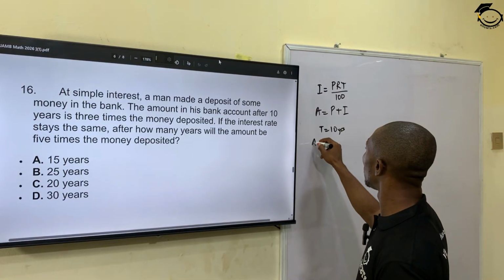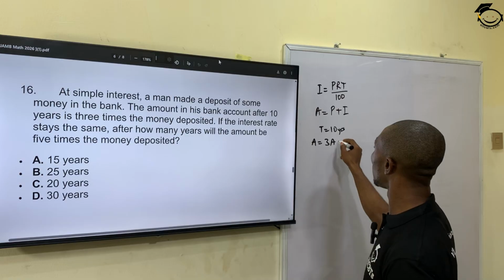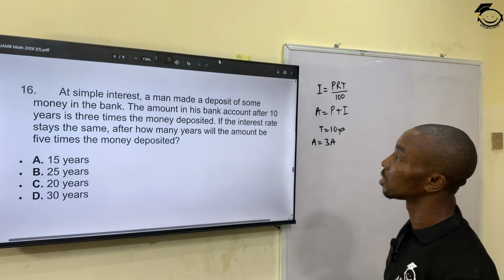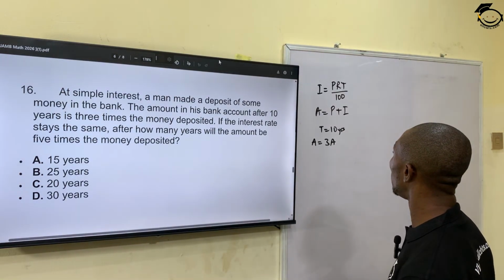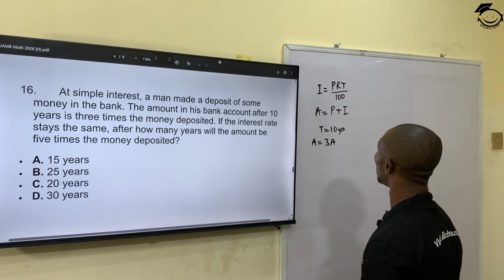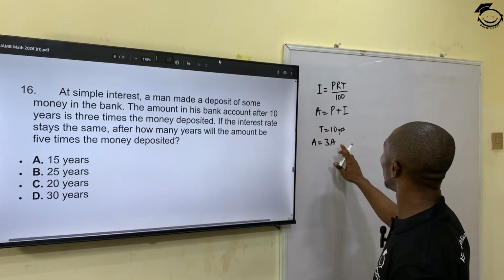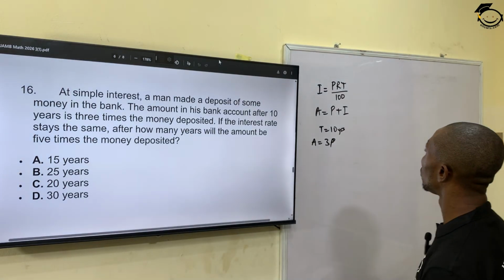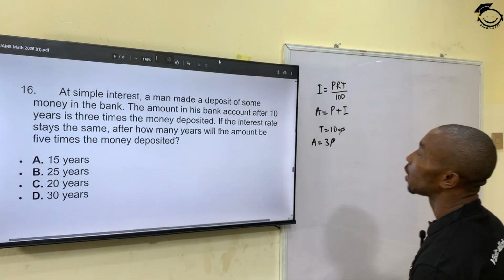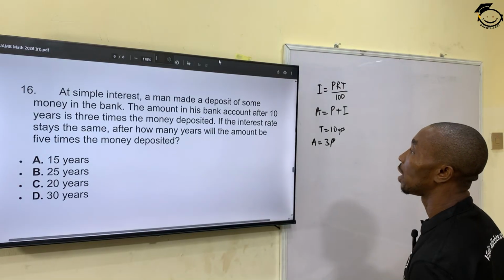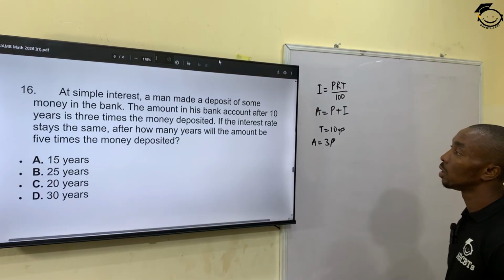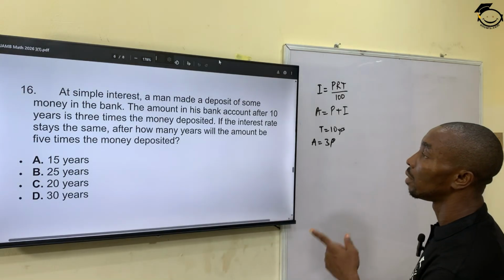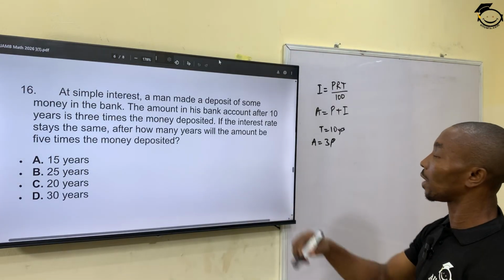So we're having amount to be 3P after 10 years, 3 times the money he deposited. Okay, our amount will be 3p. Now, if the interest rate remains the same, after how many years will it be 5 times?